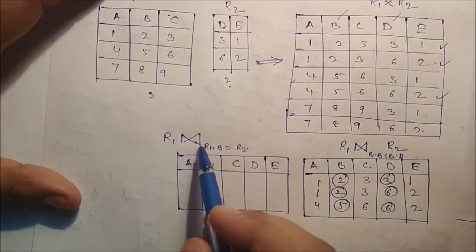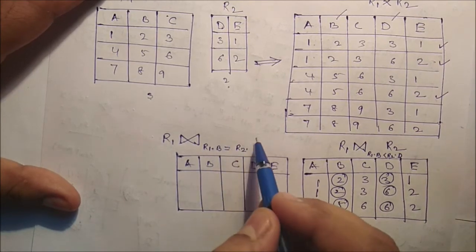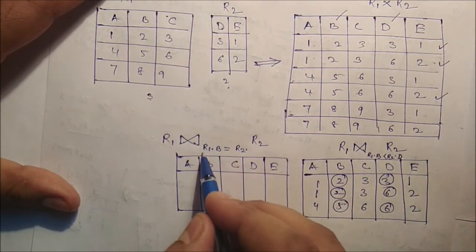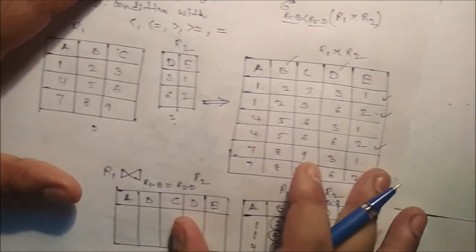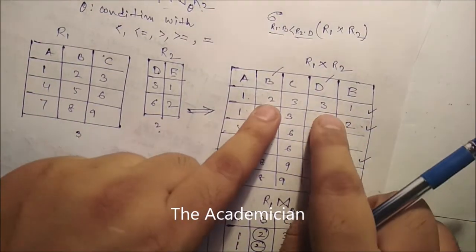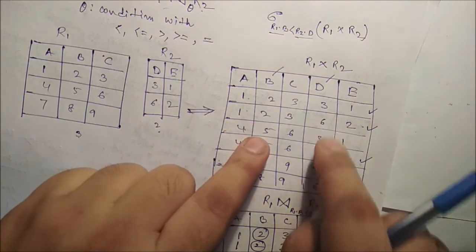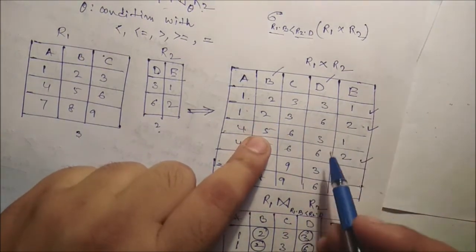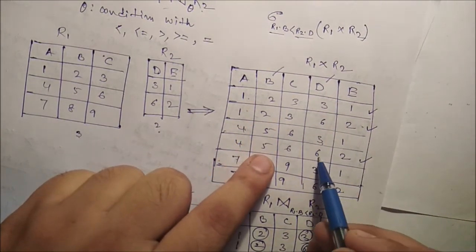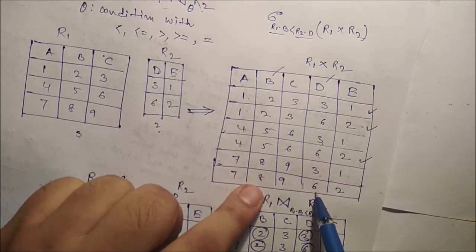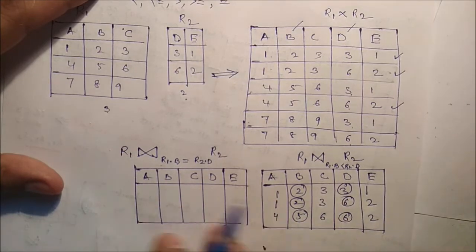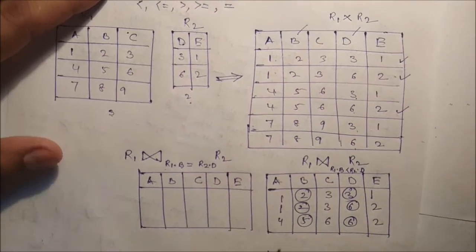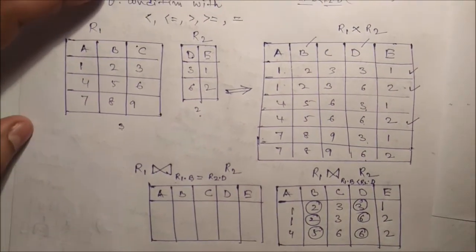In that case you can see 2 and 3 not same, 2 and 6 not same, 5 and 3 not same, 5 and 6 not same, 8 and 3 not same, 8 and 6 not same. So it will create an empty table. Are you getting this?